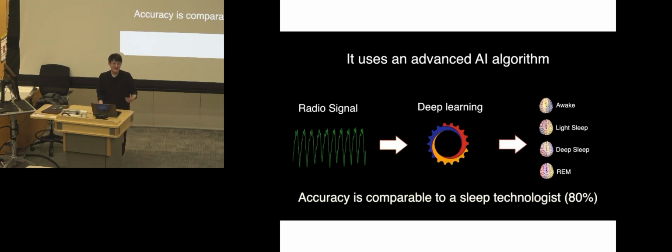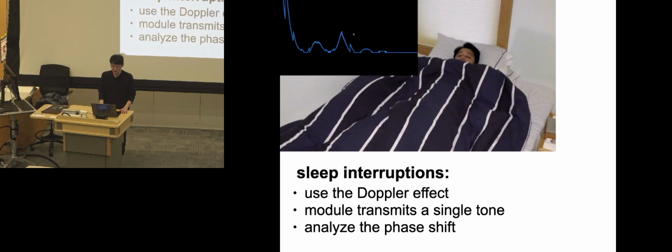Anyway, along the sleep monitoring line, there are also ways using what they call the Doppler effect to detect your sleep interruptions. Basically, there's a module that transmits a single tone to you, and based on the reflected signal, we're able to decide whether you are moving during your sleep or moving a lot.